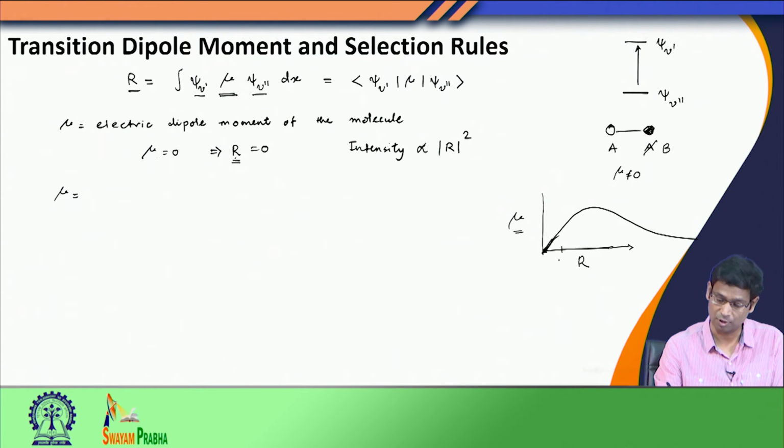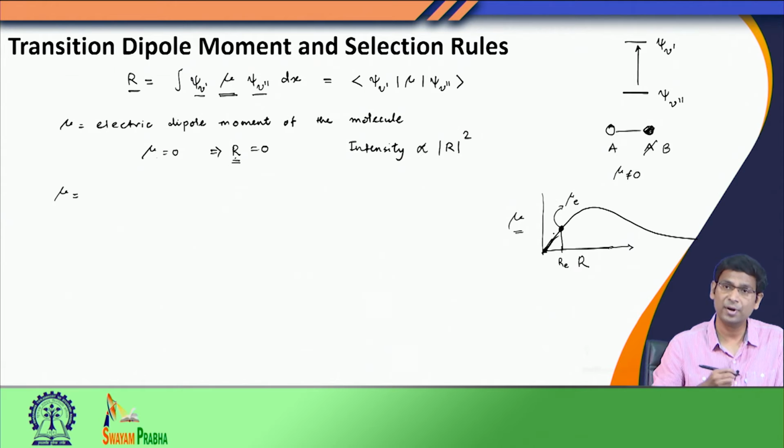Suppose this is my equilibrium value R e. I know that this is my dipole moment at equilibrium, so let me call this value mu e. But in vibrational spectroscopy, it is not enough if I know only mu e, because I need to know how the dipole moment is going to change when I change the bond distance or a particular degree of freedom.